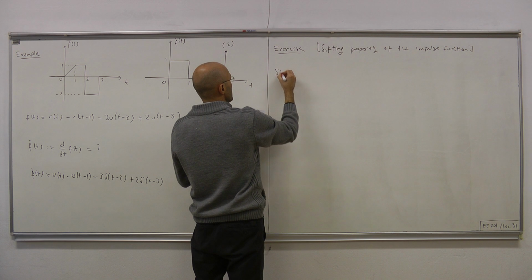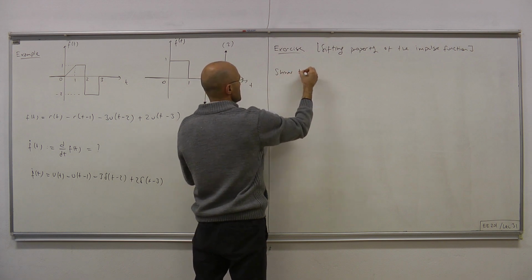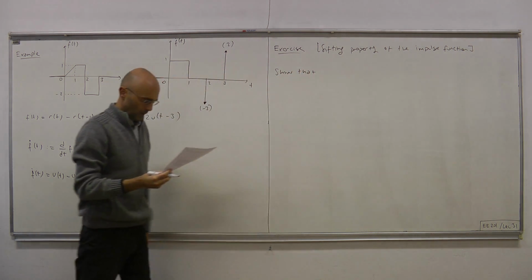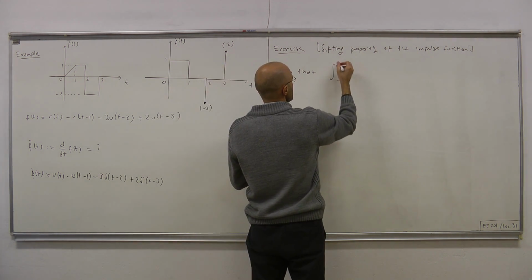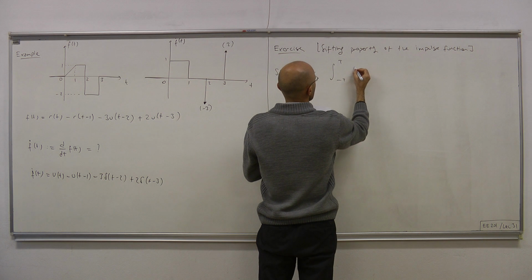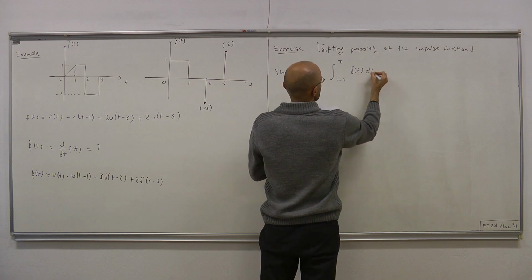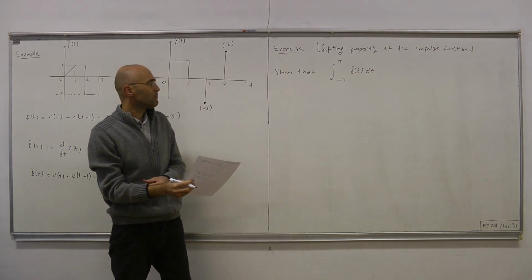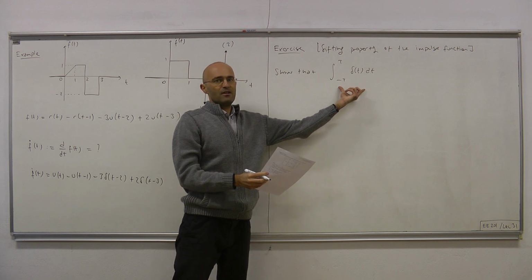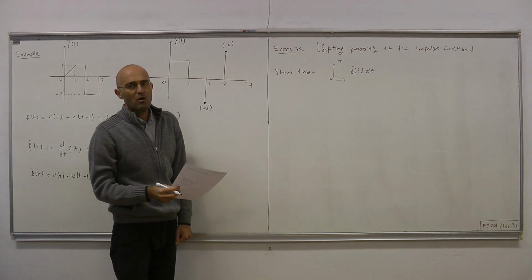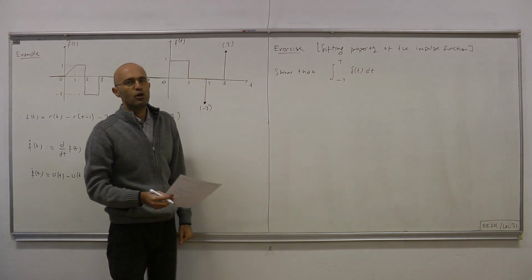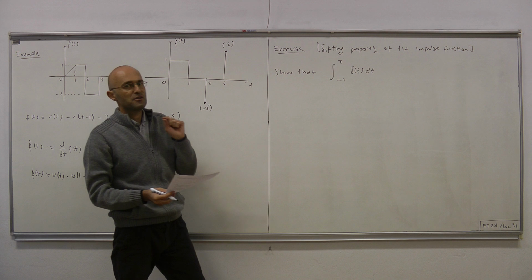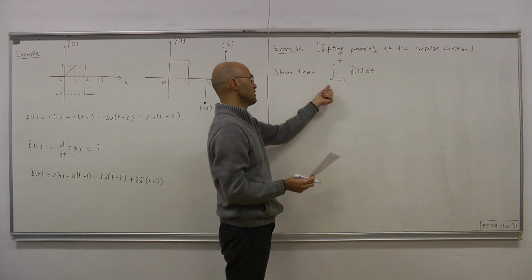And what you're asked to do in this exercise is to prove the following. The integral from minus infinity to infinity of delta(t) dt. Now we said that the result of this integration is 1. You integrate the impulse function throughout an interval that contains in its interior the origin 0, and the result is 1.